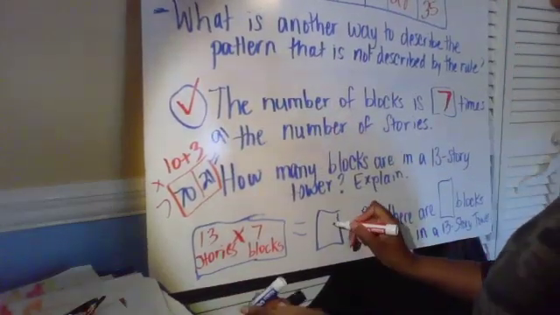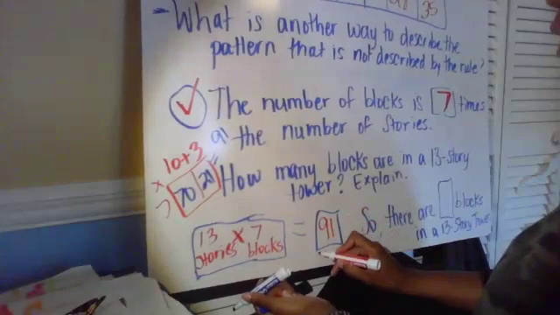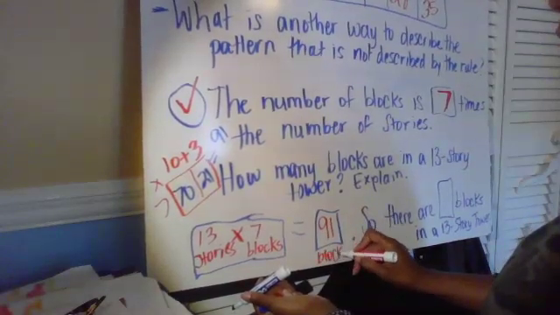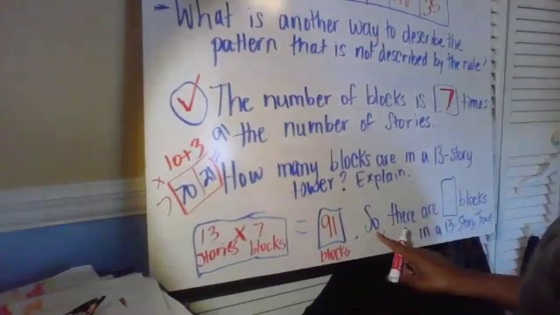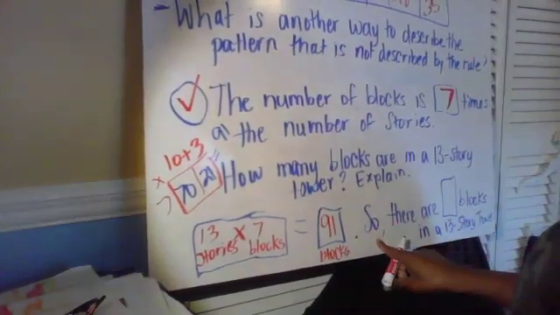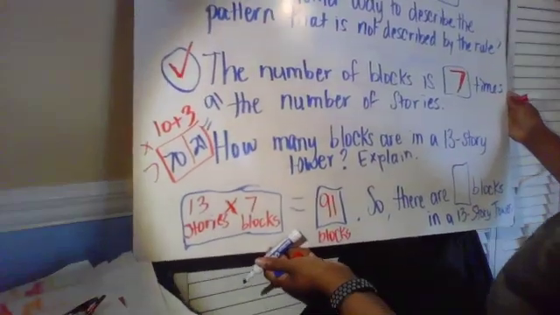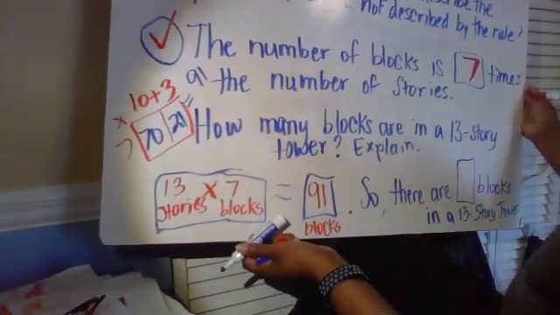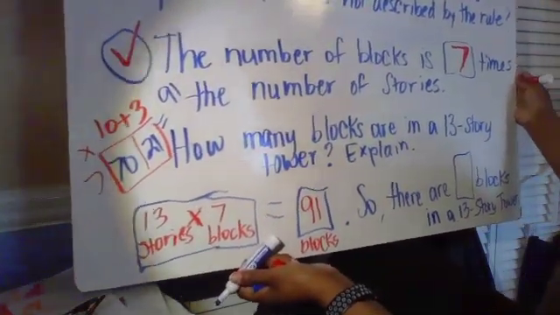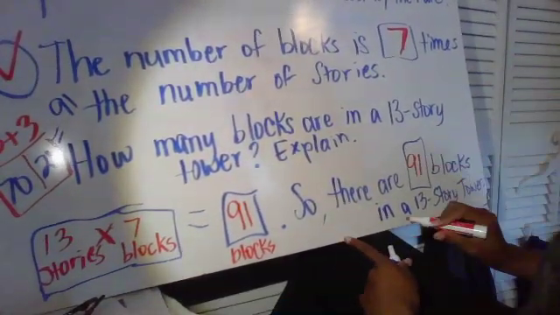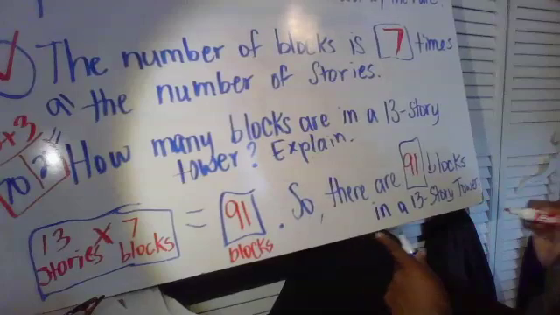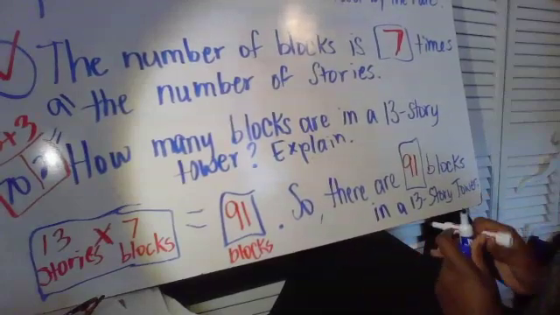So my answer here is 91 blocks. The thing that we're actually explaining, our explain part, is just this sentence. Sorry, I've got to move my board, it's so big. So there are 91 blocks in a 13-story tower. That's literally how we do this problem.